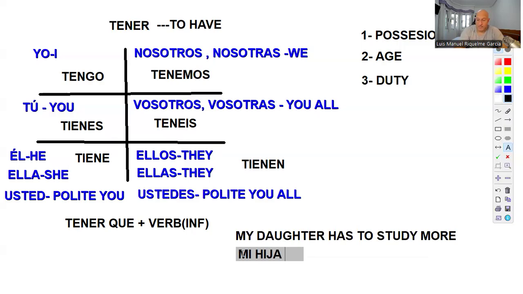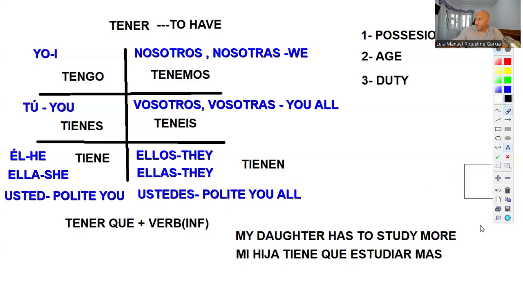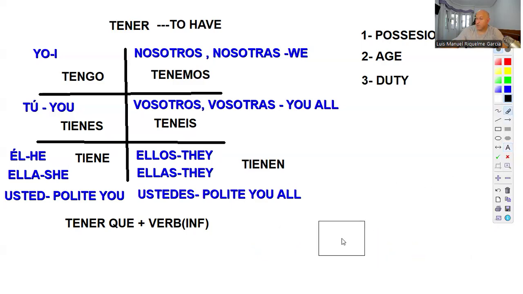So it's mi hija tiene que estudiar más. My daughter has to study more. So that's one of the uses of the verb tener, to talk about duty.